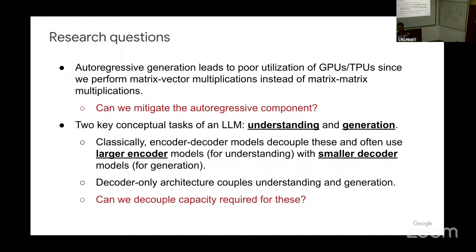And because LLMs are decoder-only architectures, there is only one model which both processes the prompt and then keeps on generating the response. Both of them are kind of coupled. And so the other conceptual question that we want to ask here is whether we can decouple the capacity that's really required for understanding versus generation.